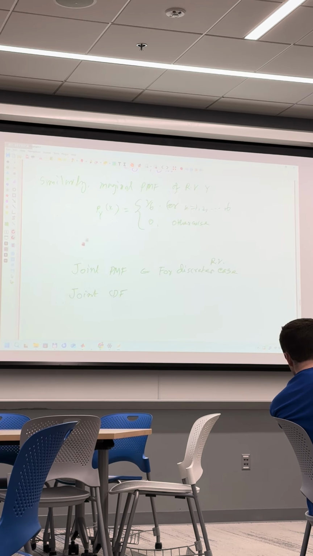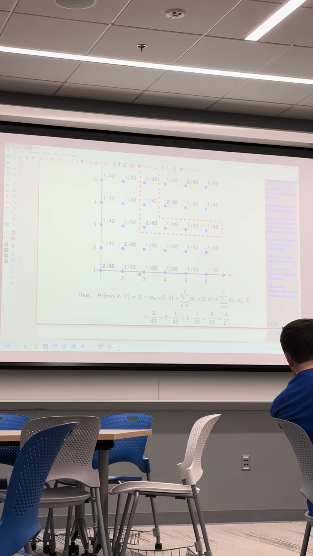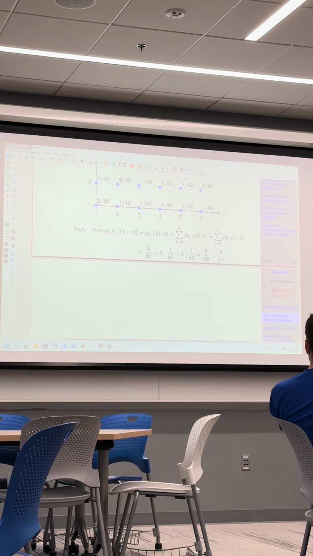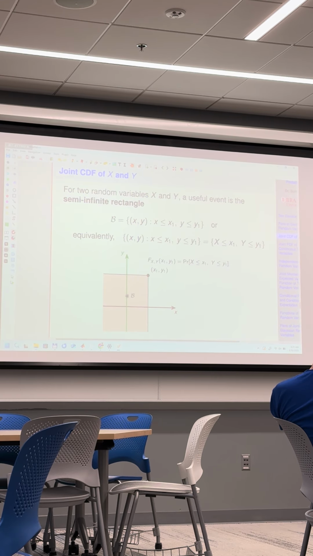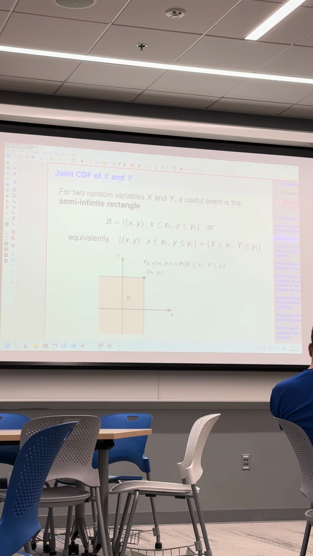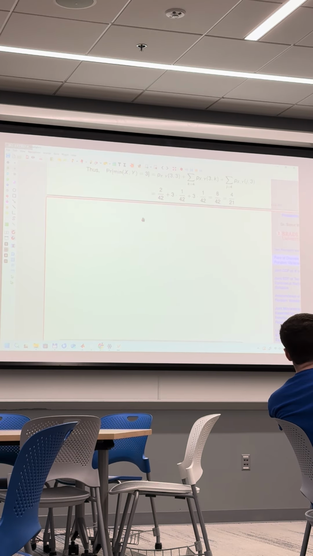To find the joint CDF, you define what the event is first. Look, guys, you will understand easily.